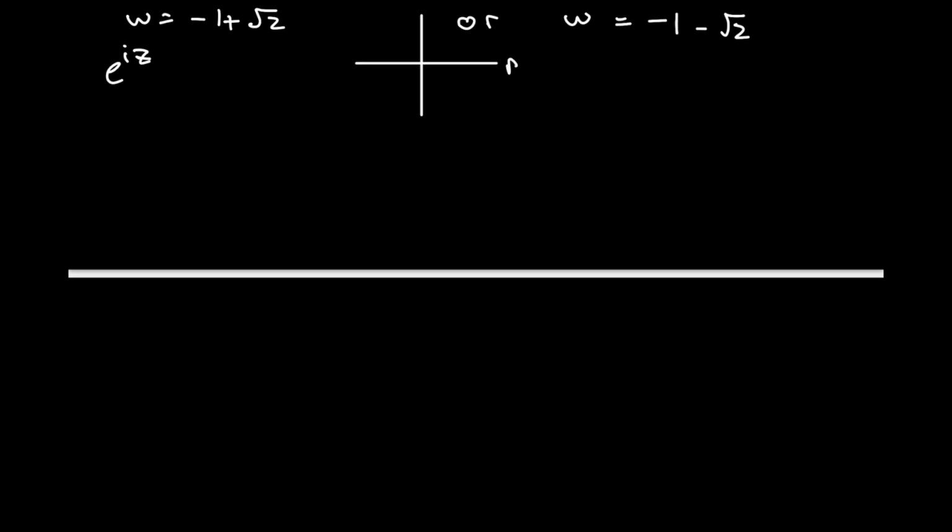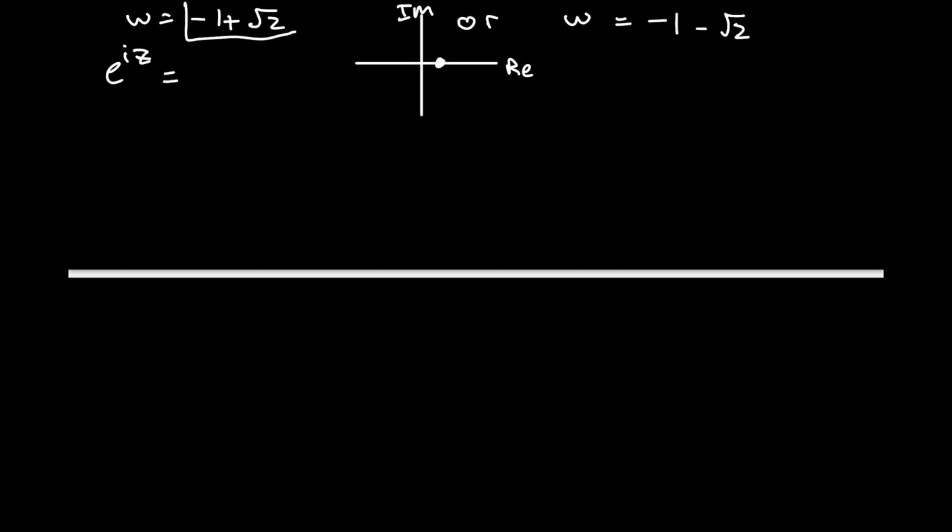We have our real parts on this axis and our imaginary parts on that axis. So minus 1 plus the root of 2 is going to be greater than 0 because the root of 2 is greater than 1. So root of 2 minus 1, if we rearrange these, is greater than 0. Since there's no imaginary part here, our answer will be somewhere over there.